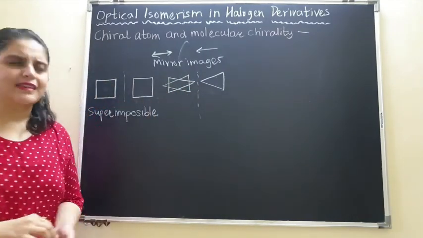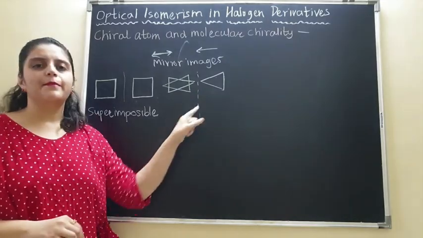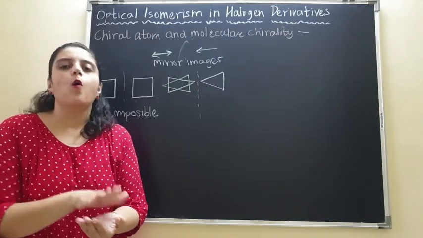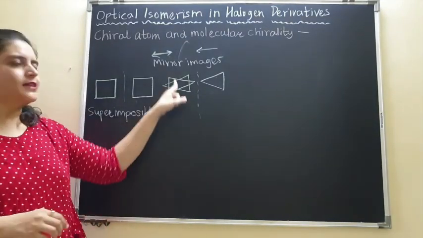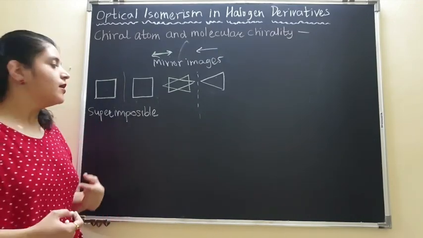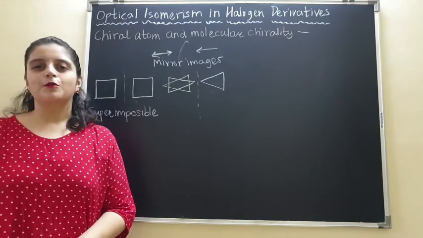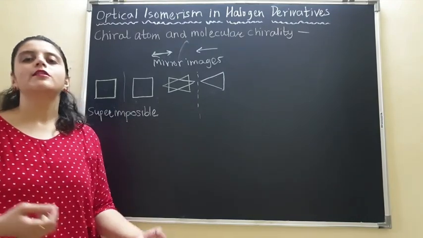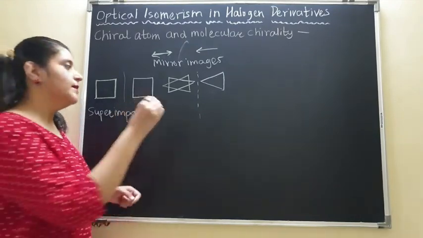So it will look something like this. Basically, both the images will not exactly coincide with each other. So such kind of mirror images which do not coincide or do not superimpose on each other will be called non-superimposable mirror images.